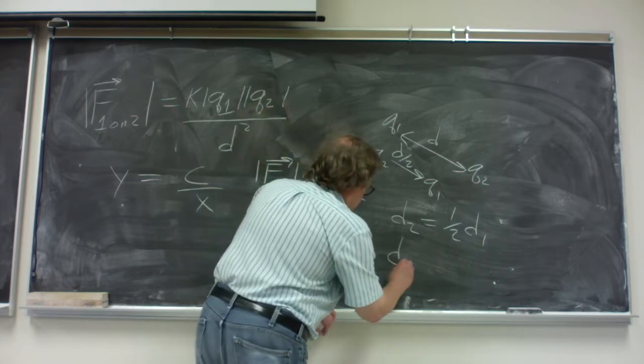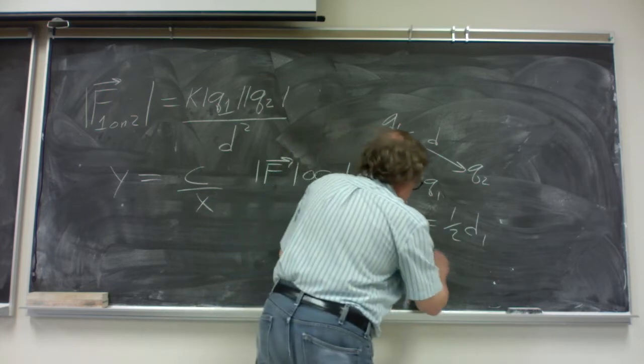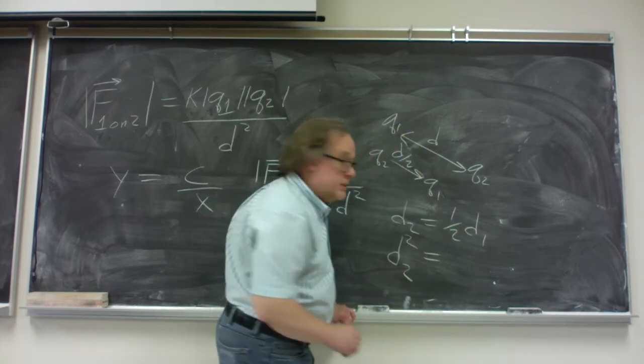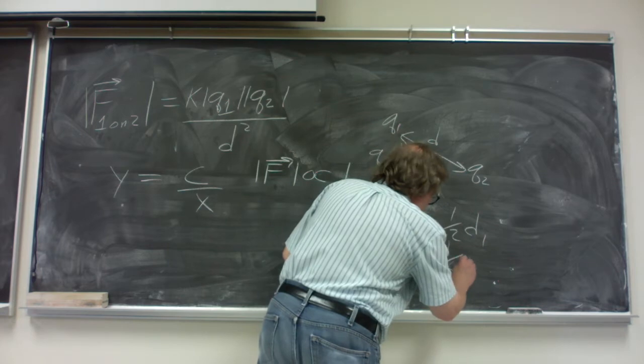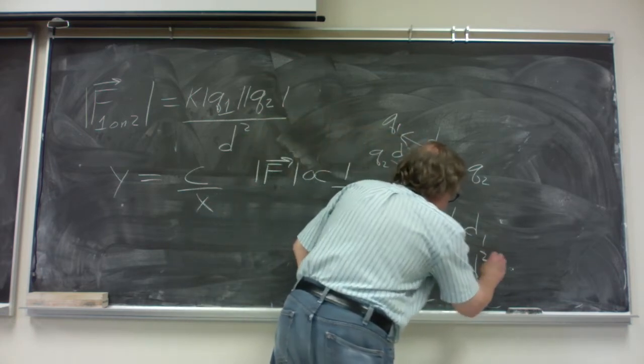So on the left-hand side, after you square things, you've got the square of the new distance, and square everything on the right side, and you have the square of 1/2, that's 1/4, and then the square of the old distance.